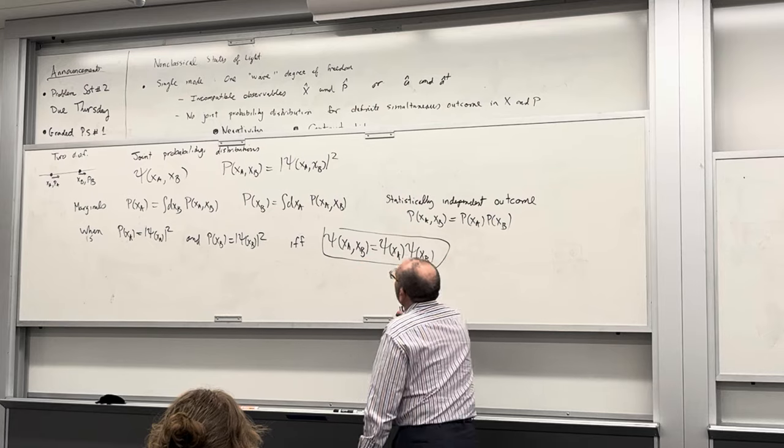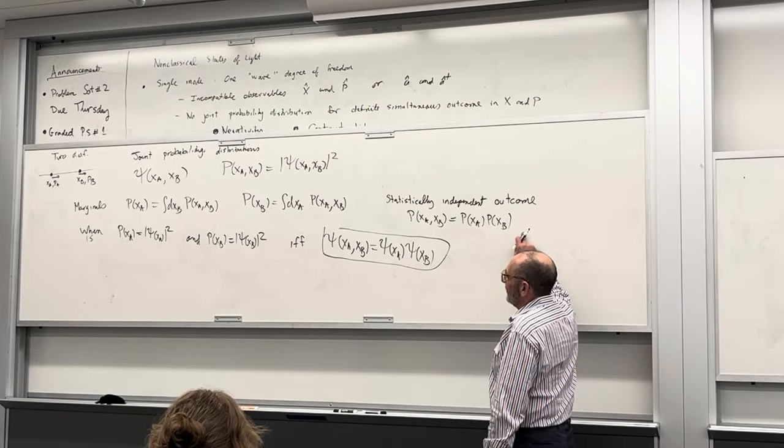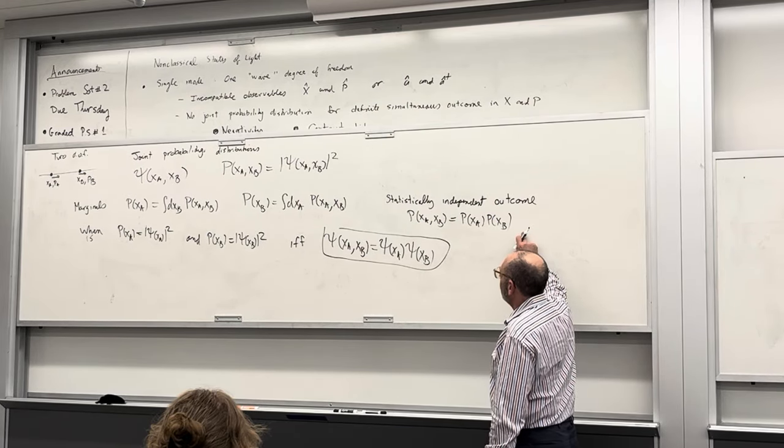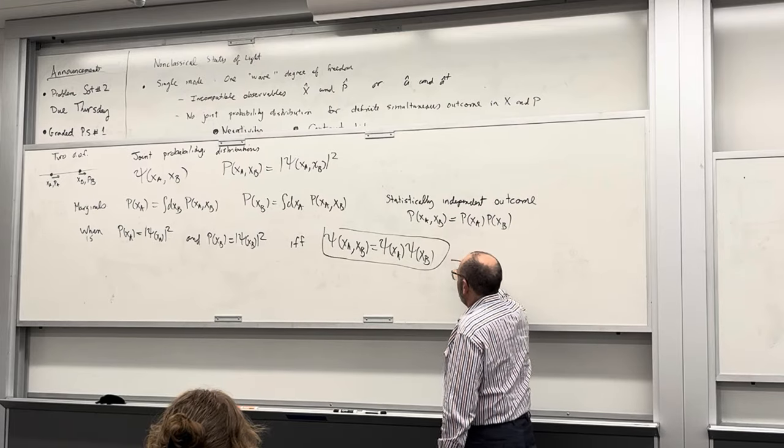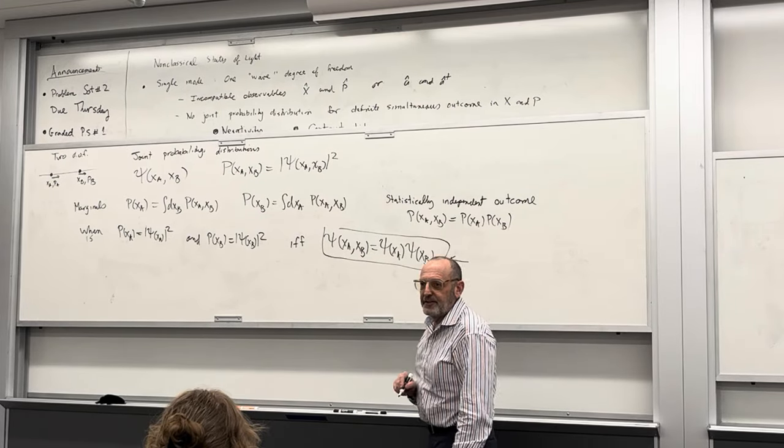So, if the measurement outcomes are statistically independent, then the wave function is a product state.